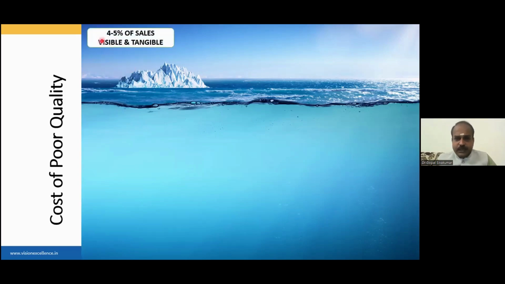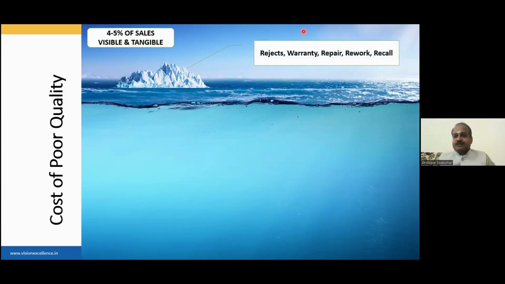That means generally companies think that the cost of poor quality is 4 to 5% of their revenue, because such failures are visible to them, known to them, they know how to measure, and these are nothing but the rejections, the warranty claims, the repair, the rework, the product recall.